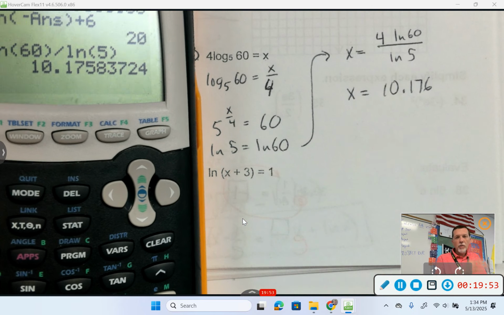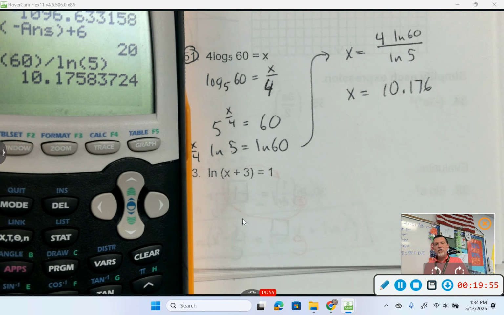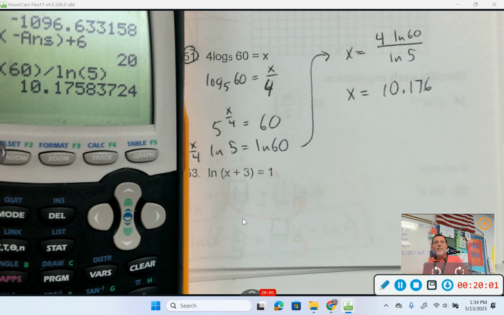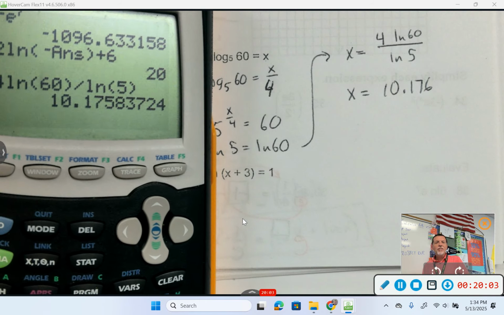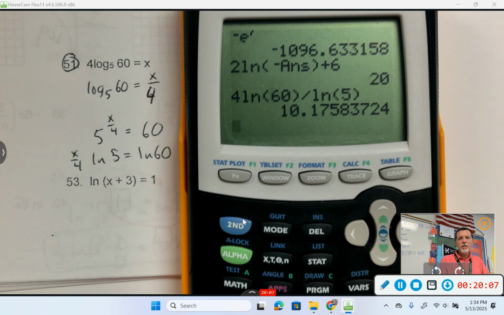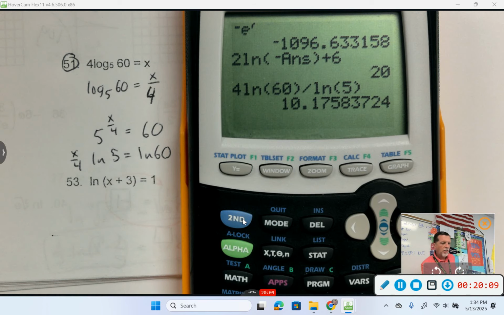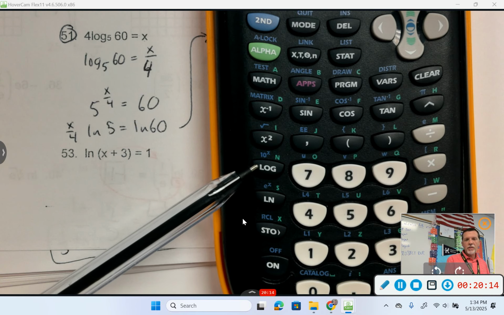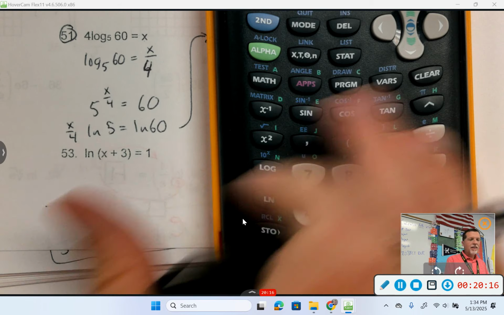10.176. Man, that felt really weird. I'd like to check it, but it's hard to check because how do I do log base 5? Okay, here's the secret to this one. Your calculator can do logs with different bases. Let's back up for a second, make sure we understand what the calculator is. If I press the log button, what base is that? 10.